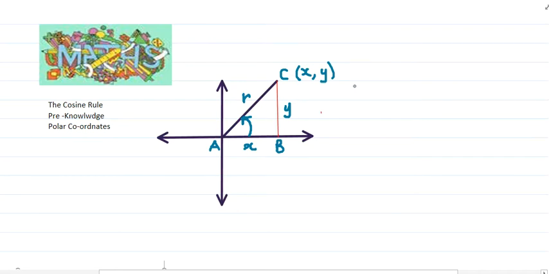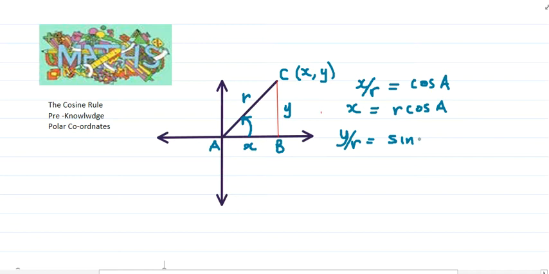So we have X over R is equal to cos of angle A. So by cross multiplying, X is equal to R cos A. Similarly, Y over R is equal to sine A, so Y is equal to R sine A. So we have renamed our coordinates in terms of what we call polar coordinates.